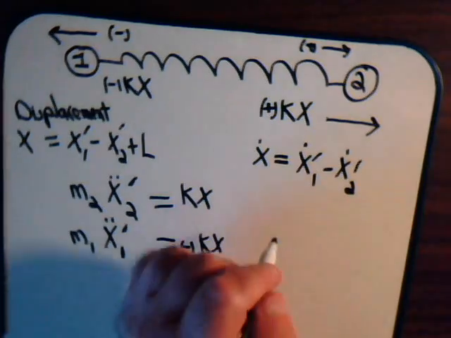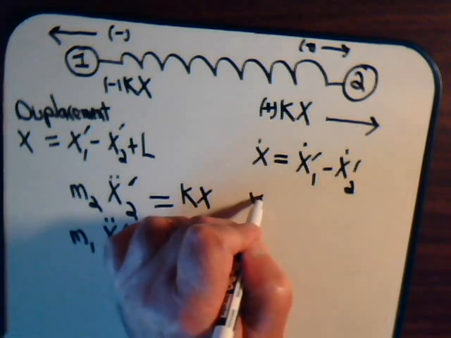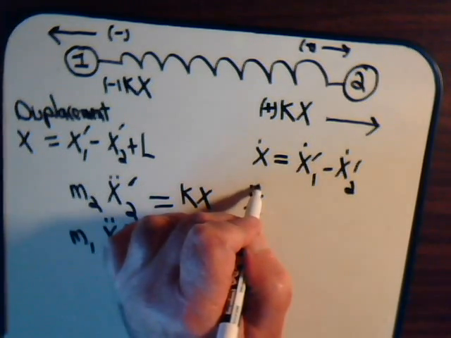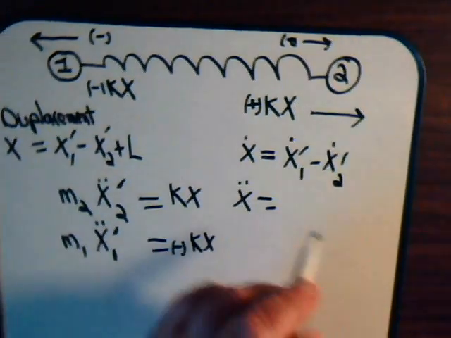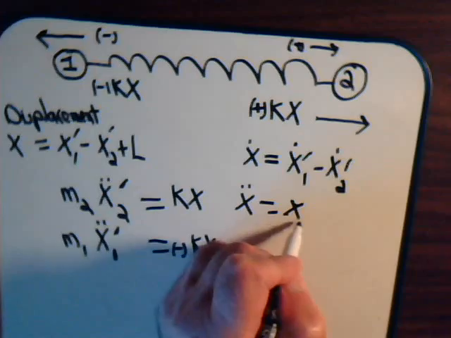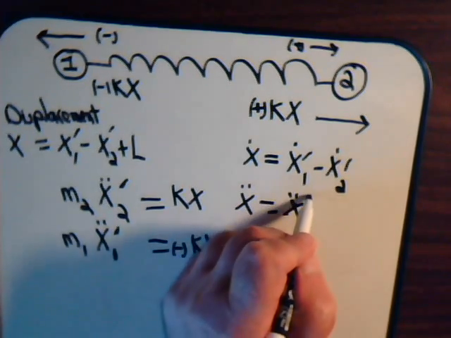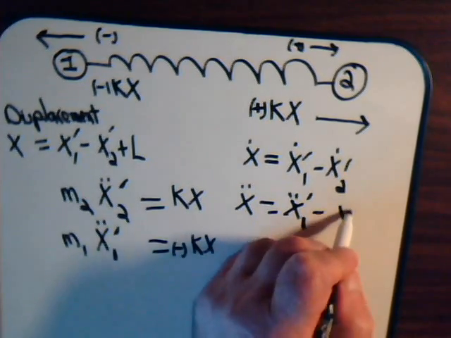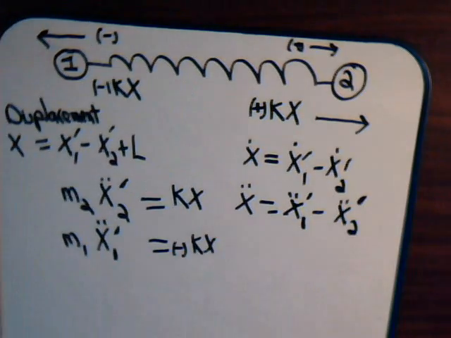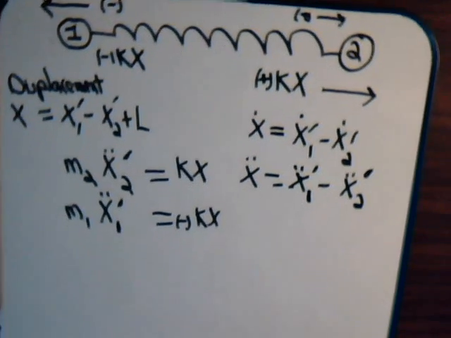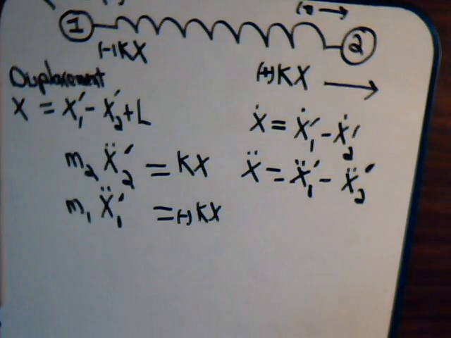Now here, the second derivative, or the acceleration of displacement, that would then be, of course, these two second derivatives, x1 prime minus x2 prime. So here we have these equations.